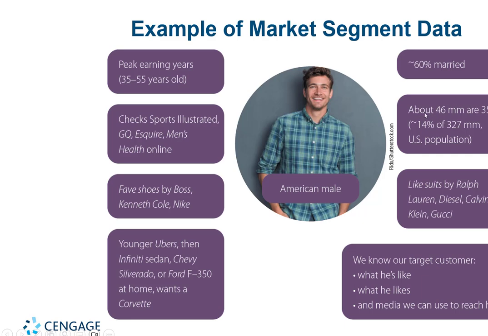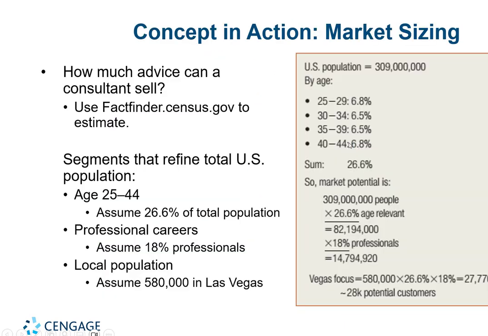Then we can look at the size of this segment. We know that there's 46 million people aged 35 to 55, which is about 14% of the US population. And then we can target in a little bit more, for example maybe look at income. If we have some preference data, we can look at people we think are likely to buy our product.